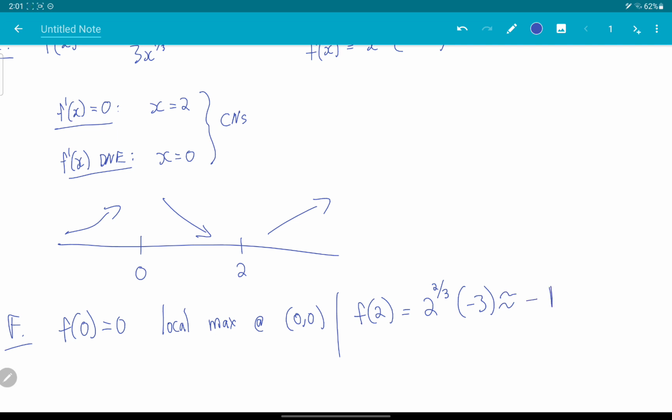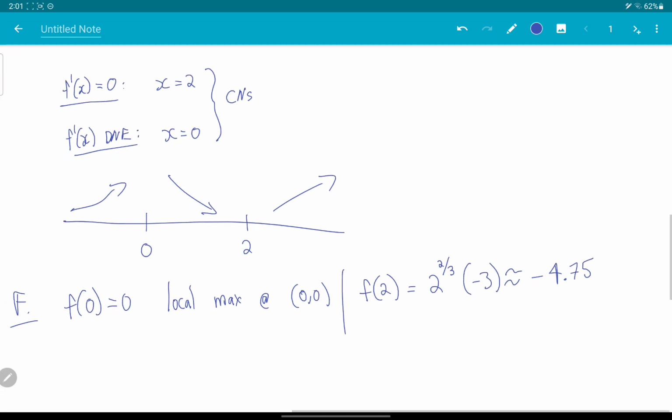This one's roughly minus 4.75. And that's a local min. Local min at the point 2, -4.75.